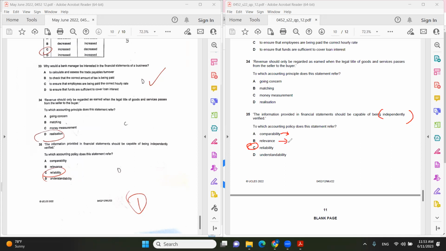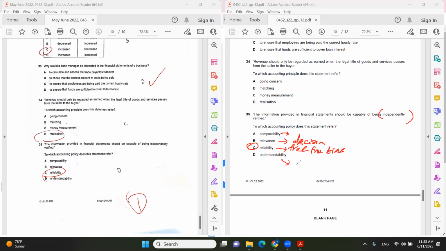Relevance means the information provided in the financial statements is able to support decision making, so the keyword for relevance is decision making. Reliability is free from error and bias, which is the independent verification.